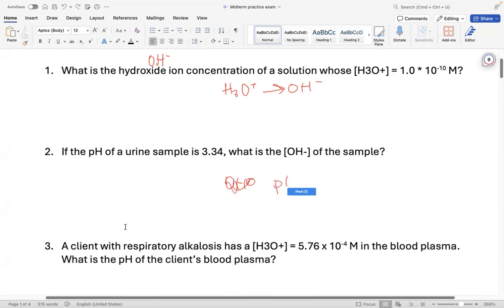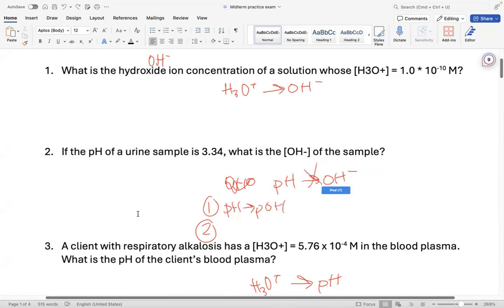This one is pH to OH. This one is H3O plus to pH. I think on the second one, you had to find the pOH and then... Yes, good. This one was a two-stepper where we went from pH to pOH because there's not a direct relationship here. So we did pH to pOH and then we did pOH to OH.